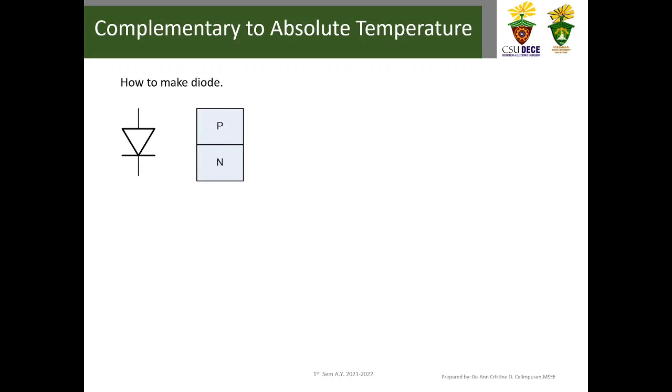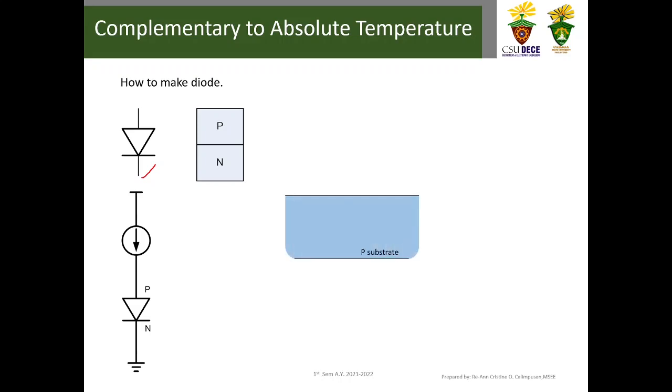As you can see, we have here the symbol of a diode, and a diode is basically a PN junction, so P implants in N. We can connect that to the current source as we have shown earlier, and then we can get the CTAT voltage. Basically, the diode in the CMOS, we can structure it to form a PN junction.